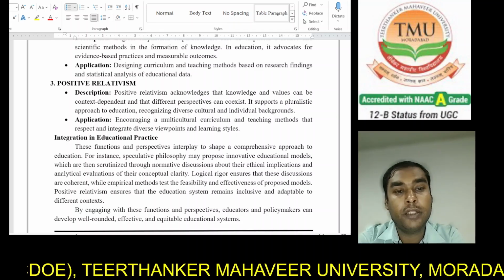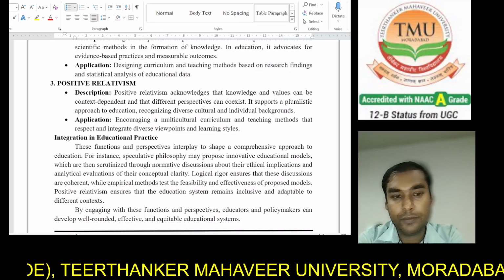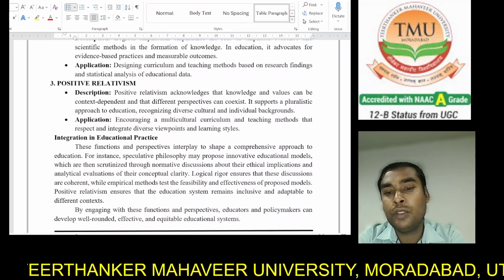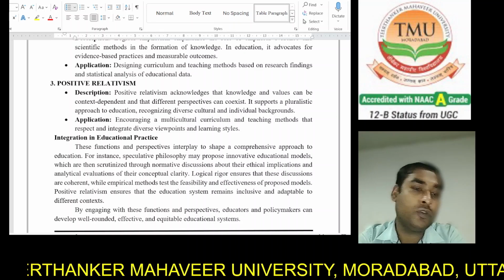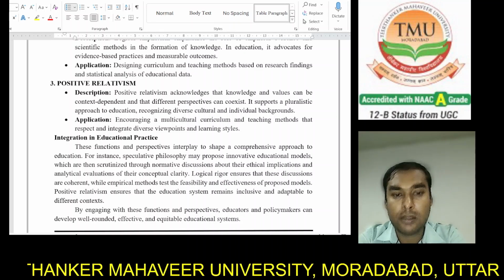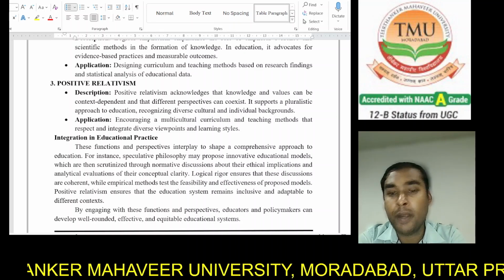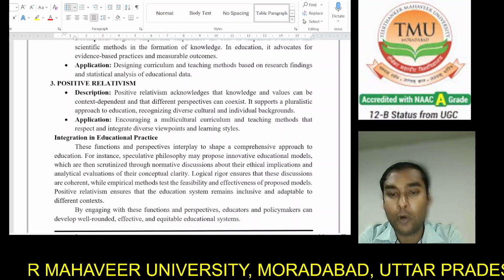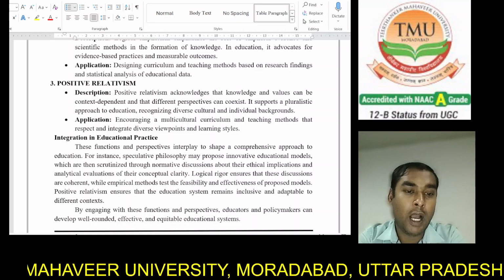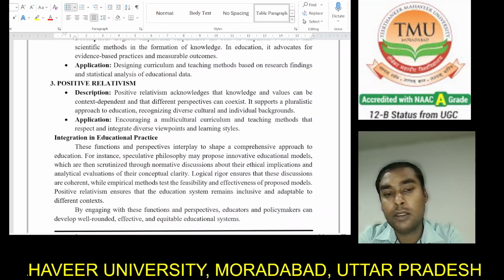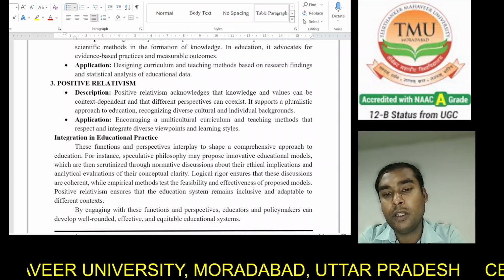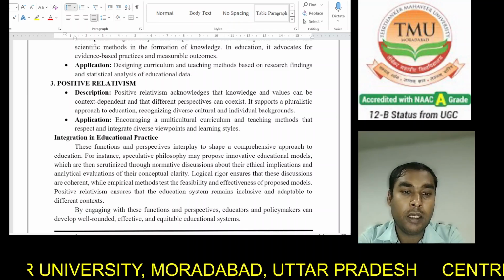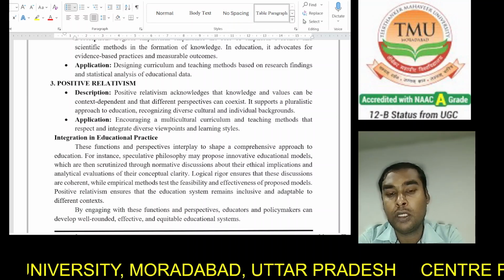Now, integration in educational practice. These functions and perspectives interplay to shape a comprehensive approach to education. For instance, speculative philosophy may propose innovative educational models which are then scrutinized through normative discussion about their ethical implications and analytical evaluations of their conceptual clarity.